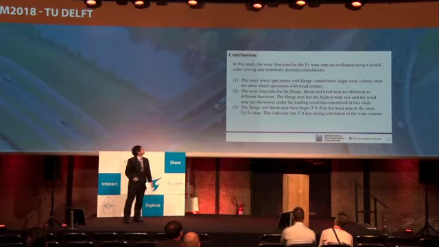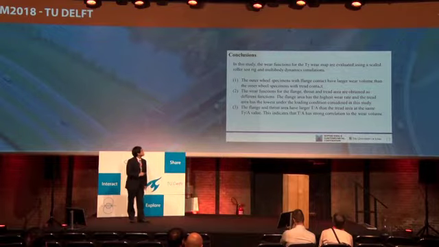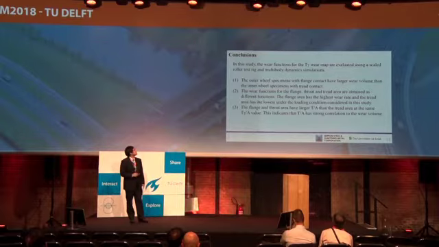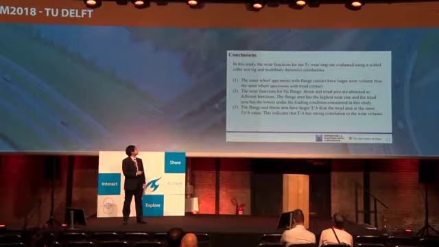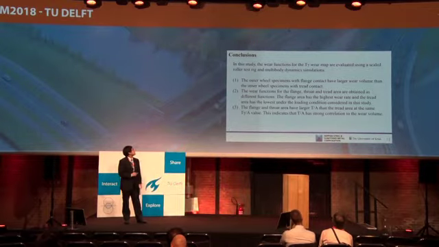Okay, these are the conclusions of this study. The wear function for T gamma wear map was evaluated using the scaled roller test rig and multi-body dynamic simulations. First, the outer wheel specimens with flange contact have larger wear volume than the inner wheel specimens with tread contact. Second, the wear functions for the flange, throat, and tread areas are obtained as different functions.